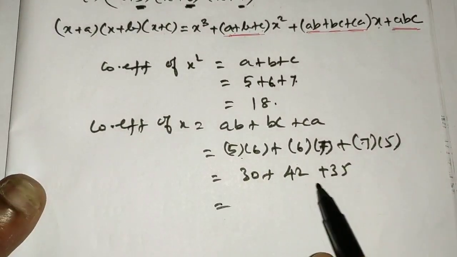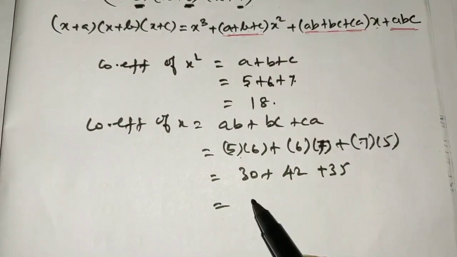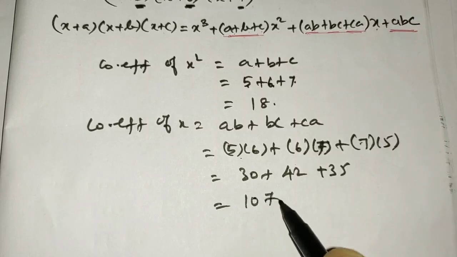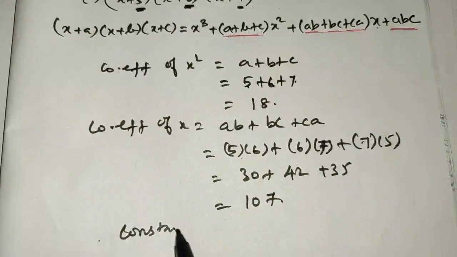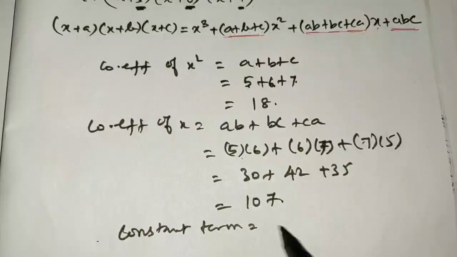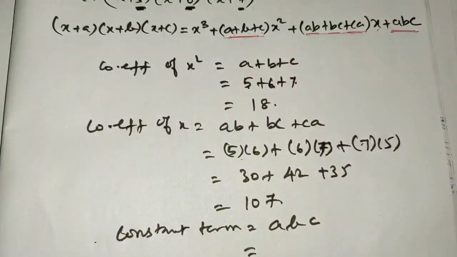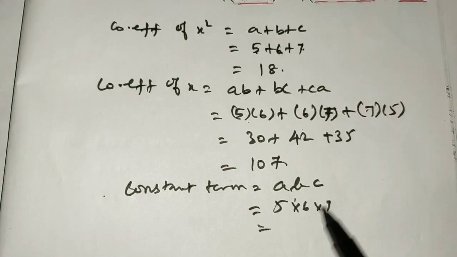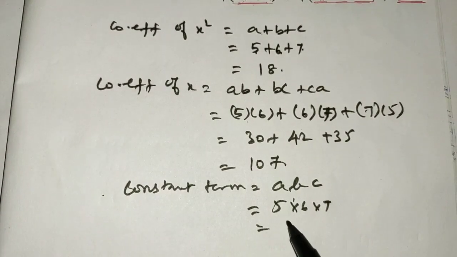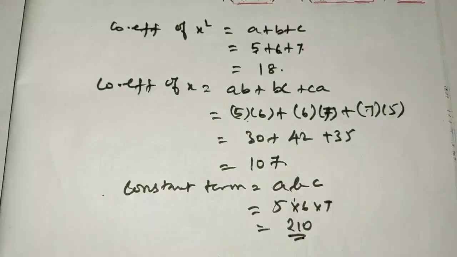On adding these three, you will get 65 plus 42, which is 107. Then the constant term is a into b into c, which is 5 into 6 into 7, 30 into 7 gives 210. So these are the values.